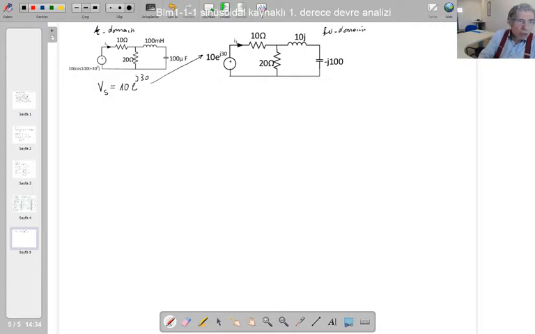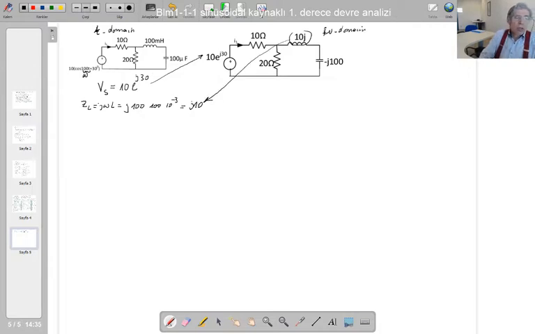But for the inductor, the impedance ZL is j omega L. Omega is the angular frequency of the independent voltage source. It is 100. So 100 times L. L is 100 millihenry, and milli is 10 to the power minus 3. So this gives me j10.